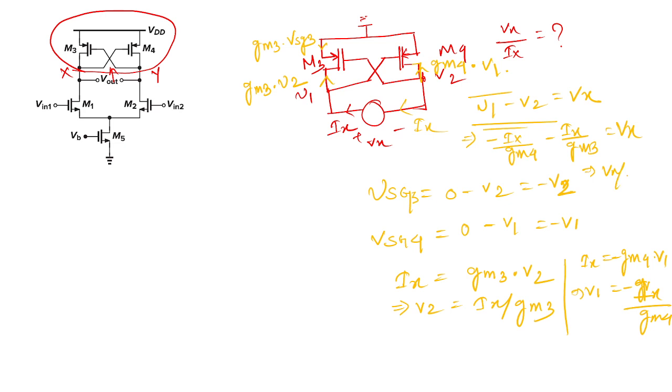So Vx/Ix equals minus 2/gm, if we consider gm3 equal to gm4, since M3 and M4 are identical. So the impedance offered by this cross-coupled structure is minus 2/gm.